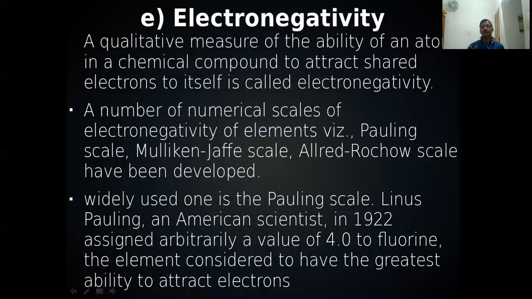Fluorine is the most electronegative element, and at the same time it is the least electropositive element. Alkali metals are highly electropositive. They have a large tendency to give electrons.